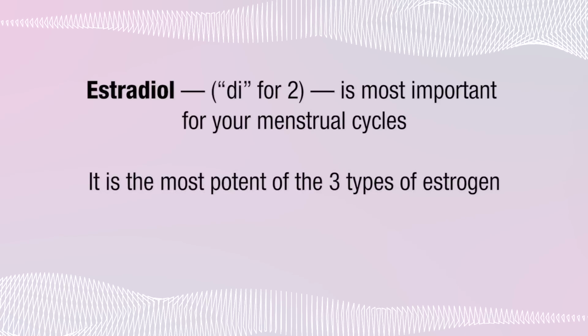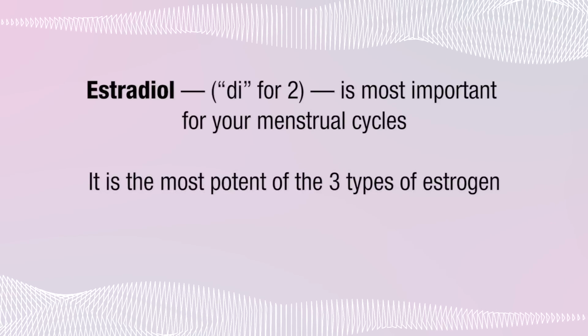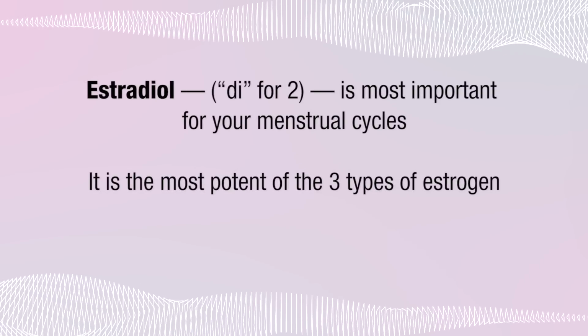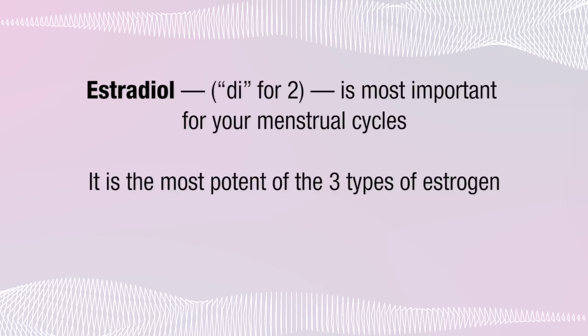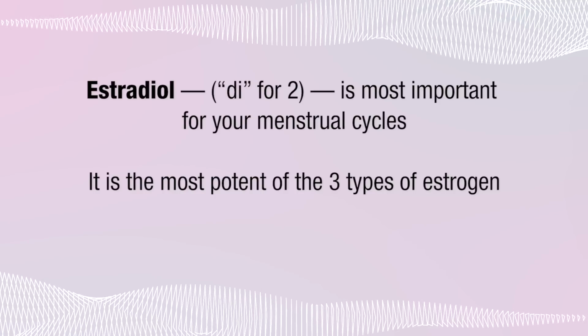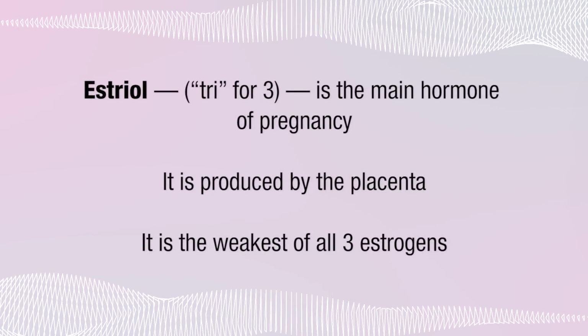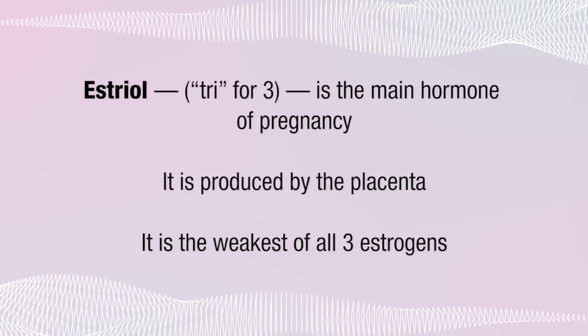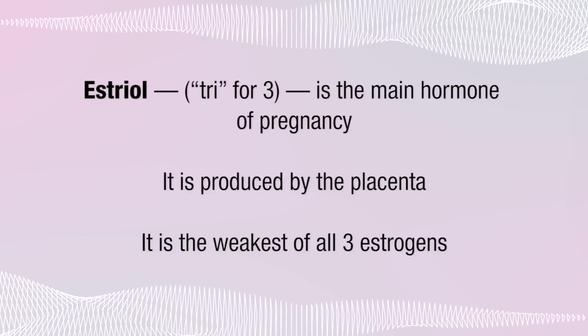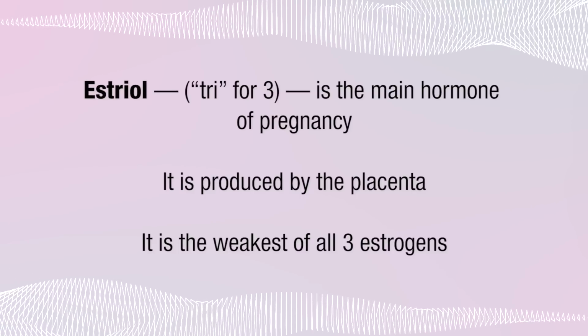Estradiol, di for 2, is most important during your reproductive years when you're having your menstrual cycles. And it's the most potent of all 3 types of estrogen. Estriol, tri for 3, is the main hormone of pregnancy, and it's produced by the placenta. And it's the weakest of all 3 estrogens.